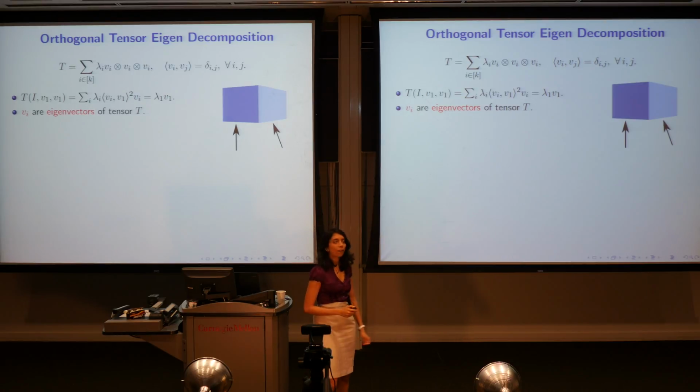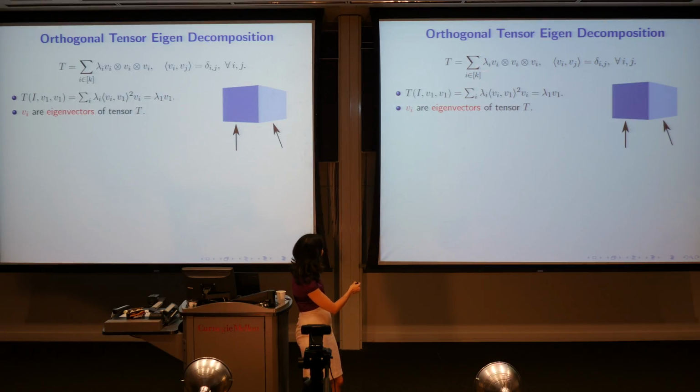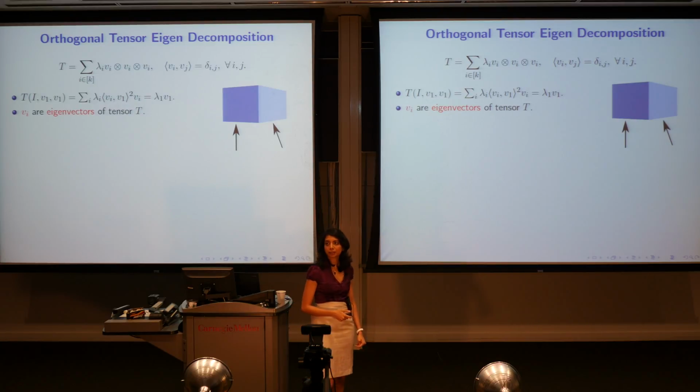Yeah, so this is the form we had. So lambda i's were the eigenvalues and vi's were the eigenvectors. Right? Under the assumption we have an orthogonal system. And the reason why they're orthogonal is because if I input any of these vectors, say I input v1, and did this quadratic operation, meaning I contract the tensor along two of the modes, right?